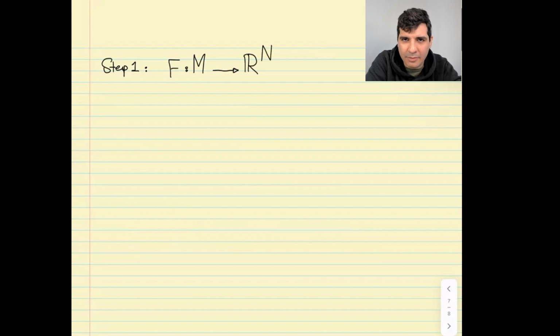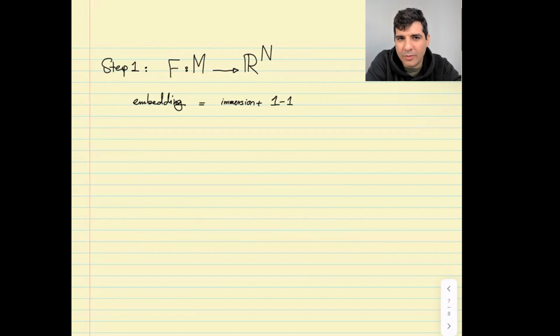As I said, n can be quite large. So f is a map from M to R^n, and f can be written as f1 up to fn. Since M is compact, embedding means it's an immersion plus it's one-to-one onto its image.